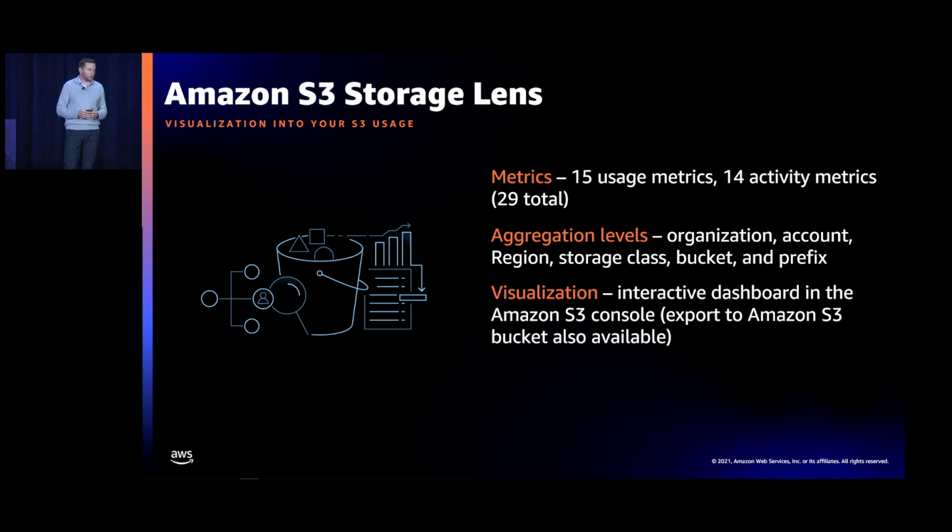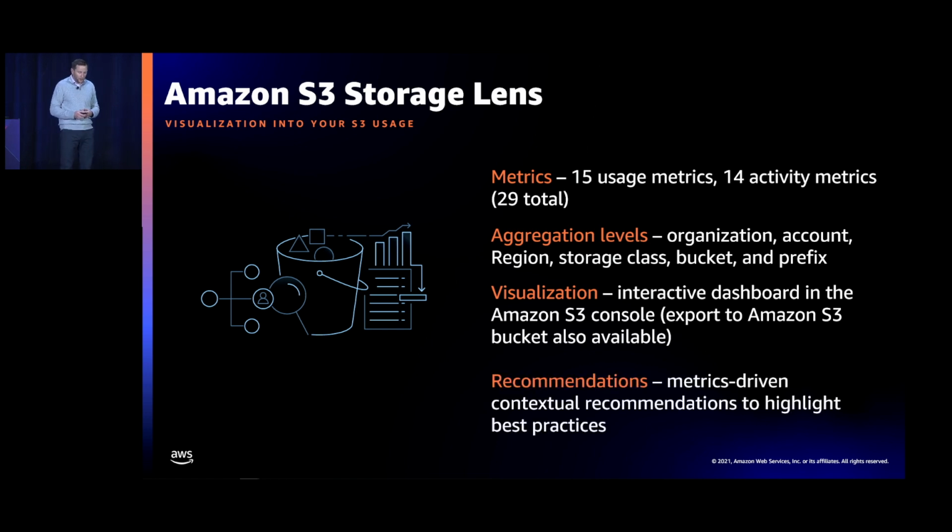Or maybe you're looking to understand which prefixes are being accessed the most. You can use S3 Storage Lens to answer these types of questions. It also provides recommendations. We're talking today a lot about our best practices, about choosing the right storage class. And S3 Storage Lens can help you with our best practices around security and cost optimization. It's a really neat tool that's helped customers save even more money.